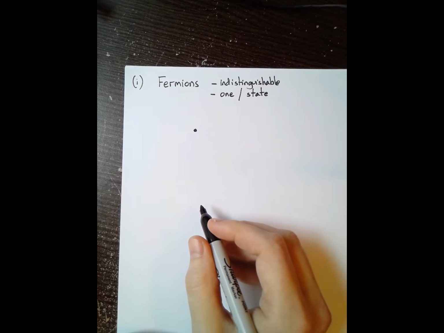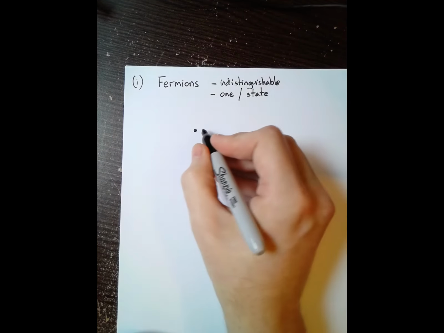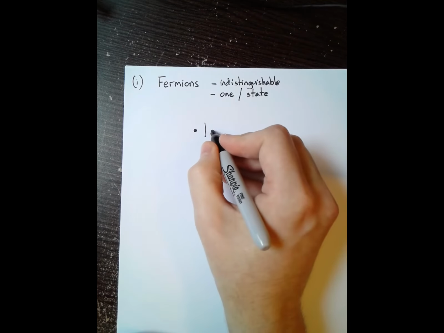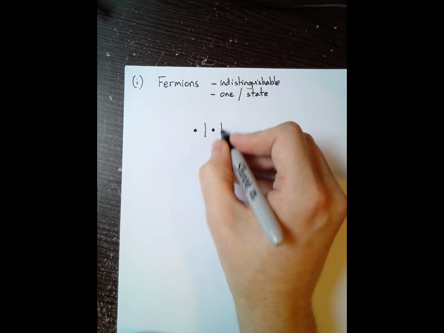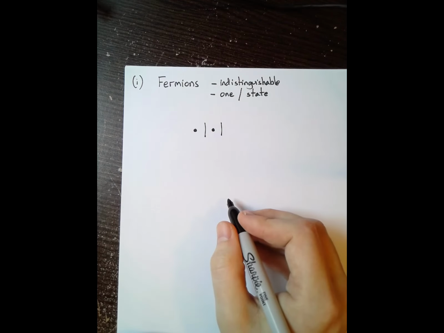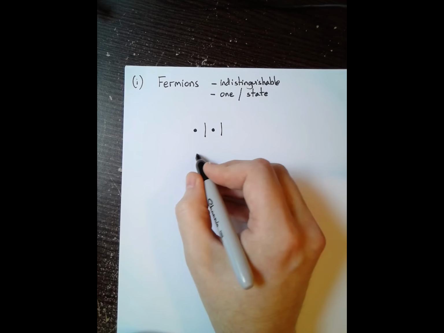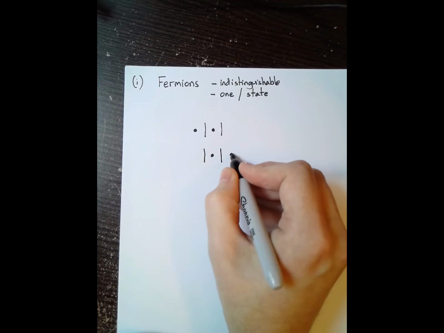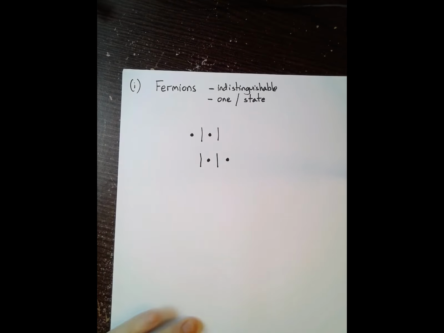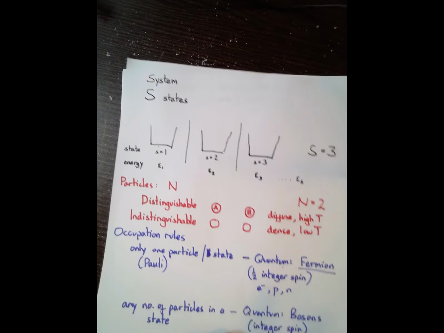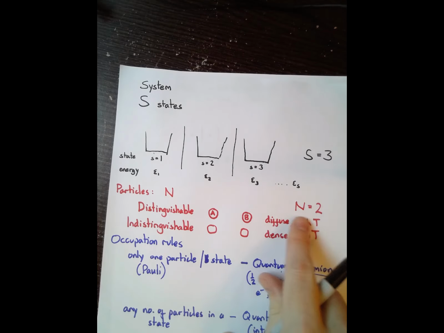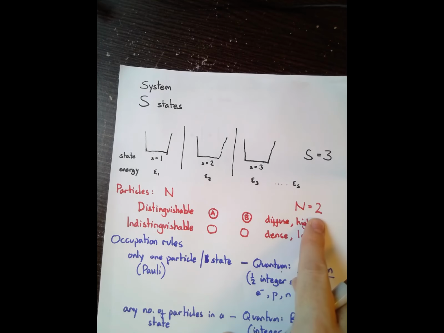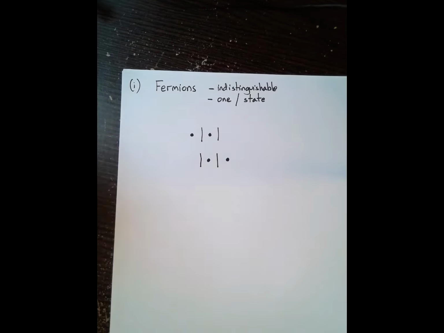I can put one particle in state 1, one particle in state 2, and no particles in state 3. I can put no particles in state 1, one particle in state 2, and one particle in state 3. Oh, by the way, I should just remind you, as I mentioned, I'm going to take 3 states and 2 particles. That's why I'm dealing with 2.